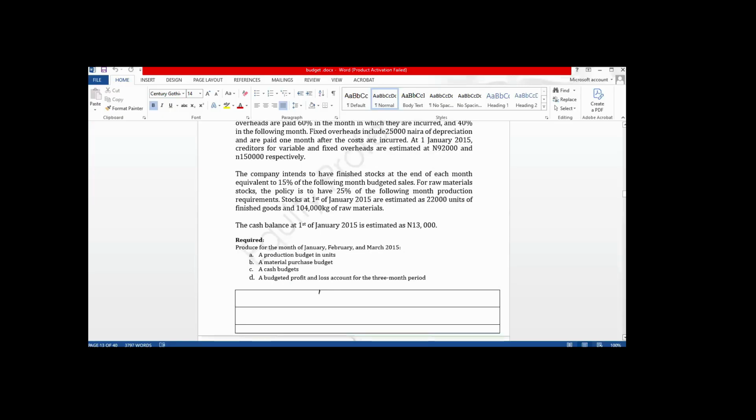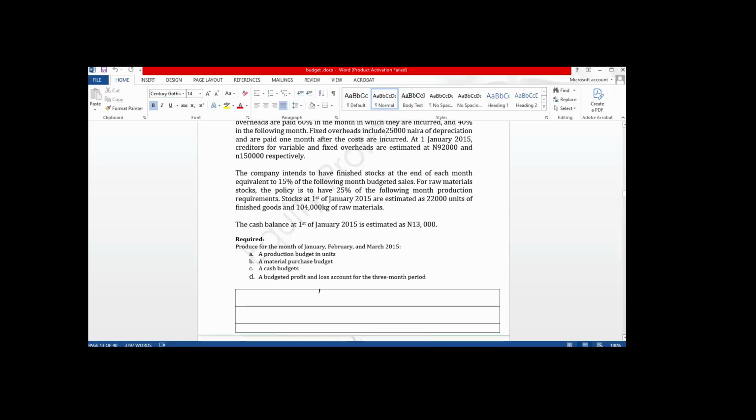The company intends to have finished stock at the end of each month equivalent to 15% of the following month's budgeted sales. Look at that statement.